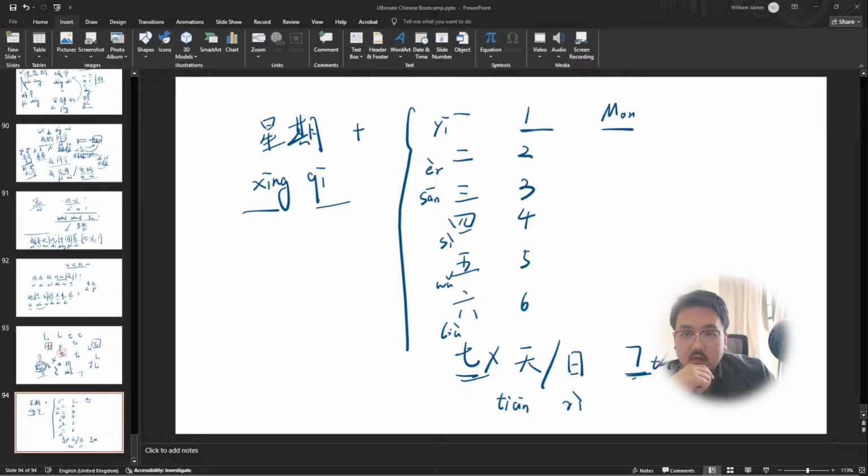Yeah, good. Number, stroke of a character, single component character. 独体字, right?